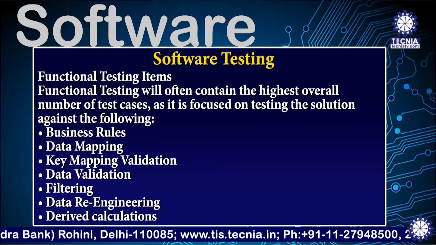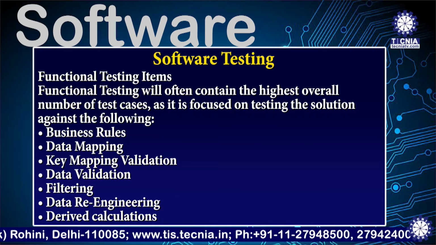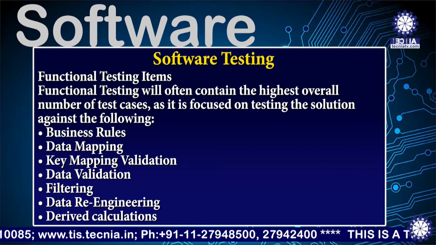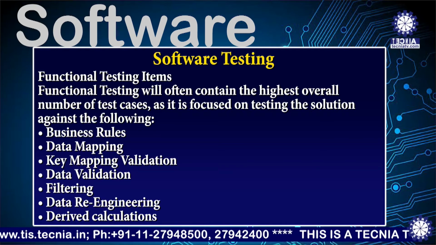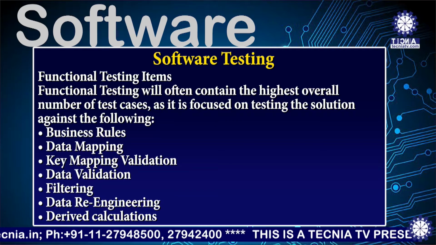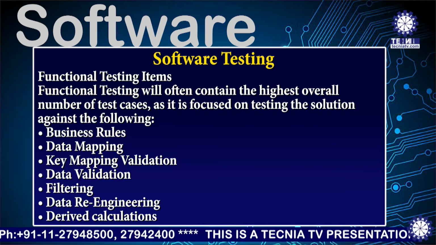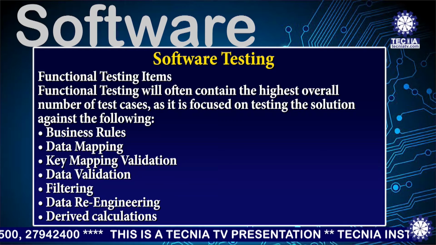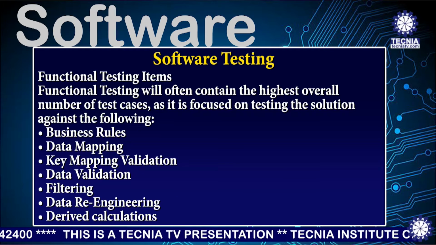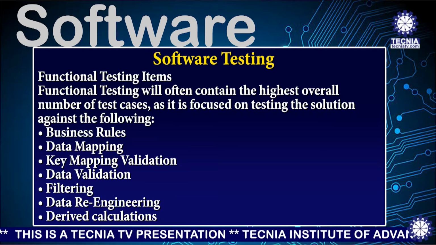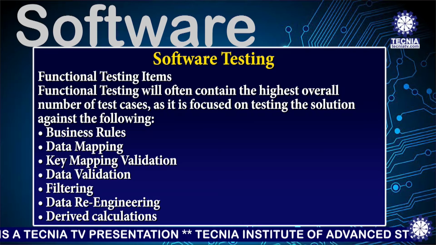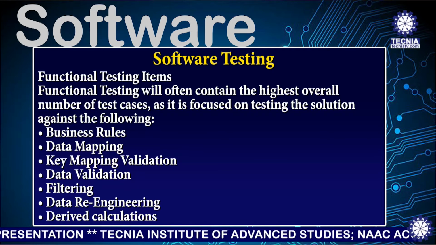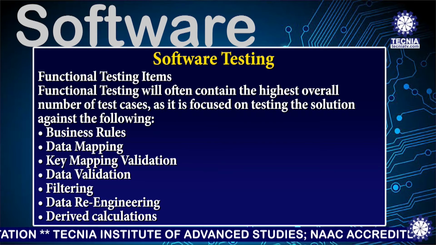Functional testing will often contain the highest overall number of test cases, as it is focused on testing the solution against the following points: number 1, business rule; number 2, data mapping; number 3, key mapping validation; number 4, data validation; number 5, filtering; number 6, data re-engineering; and the last one is derived calculation.